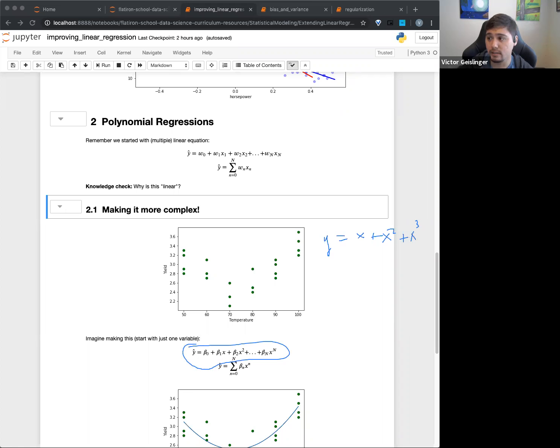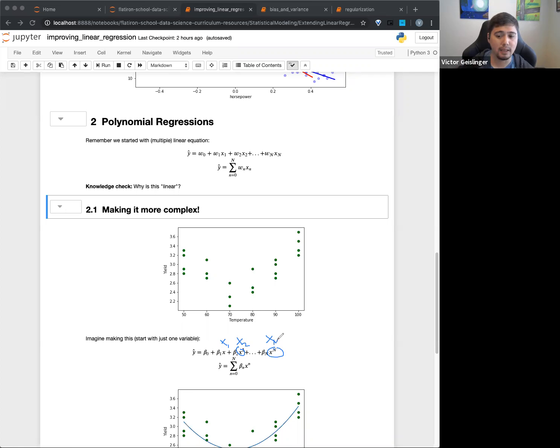The only difference is that now instead of just x1, x2, we can use higher powers. You can imagine this as my x1 term, this x squared part could be like my second feature, and this could be my xn feature. So essentially, you can think of it as interaction with itself.